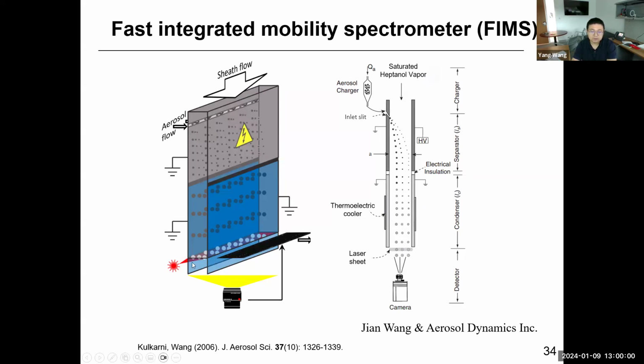At the end of the plates, we have a horizontal laser sheet that shines through this gap. Any particles going through this laser sheet will get illuminated and further get recorded, right? So this is how the instrument is designed.